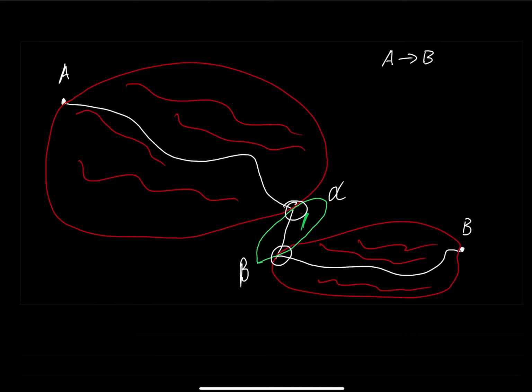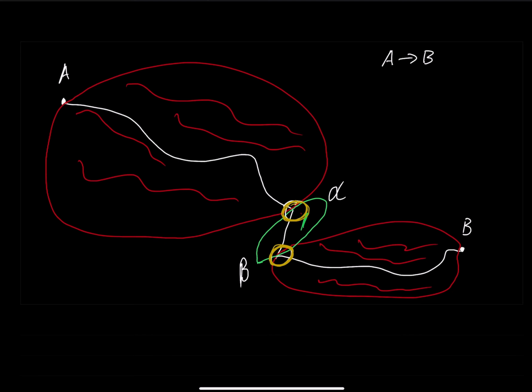So to get from A to alpha usually doesn't require a lot of energy, so it's low energy. Let's say this is a 3-part, multi-step reaction.